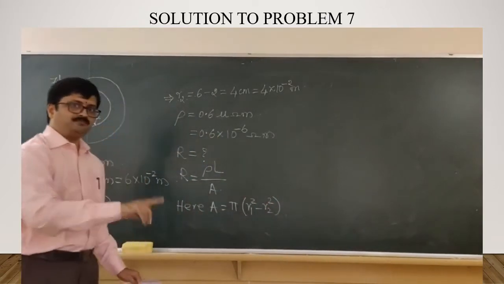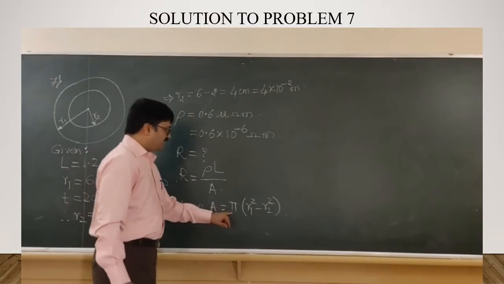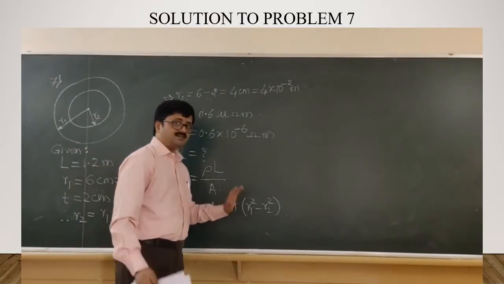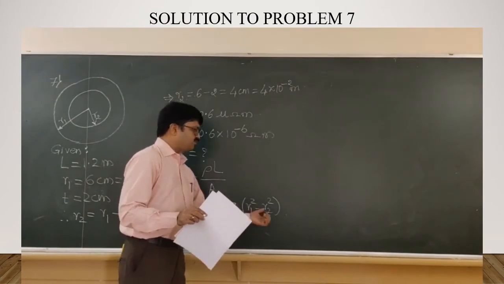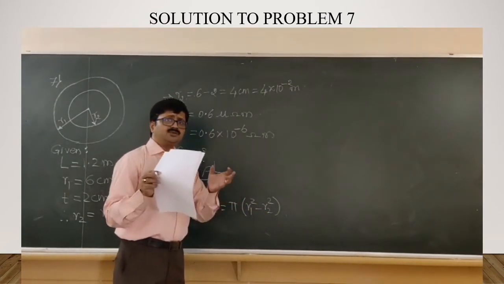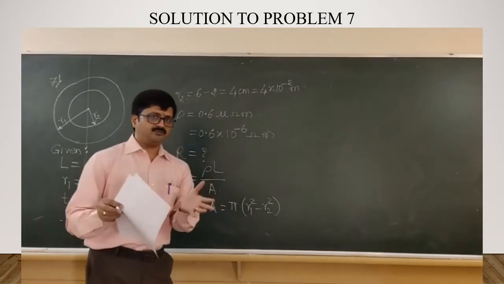This is one important difference that you should note: pi into R1 square is the area due to the external radius, minus pi into R2 square, the area due to the internal radius. So obviously that will be the net area of that tube.